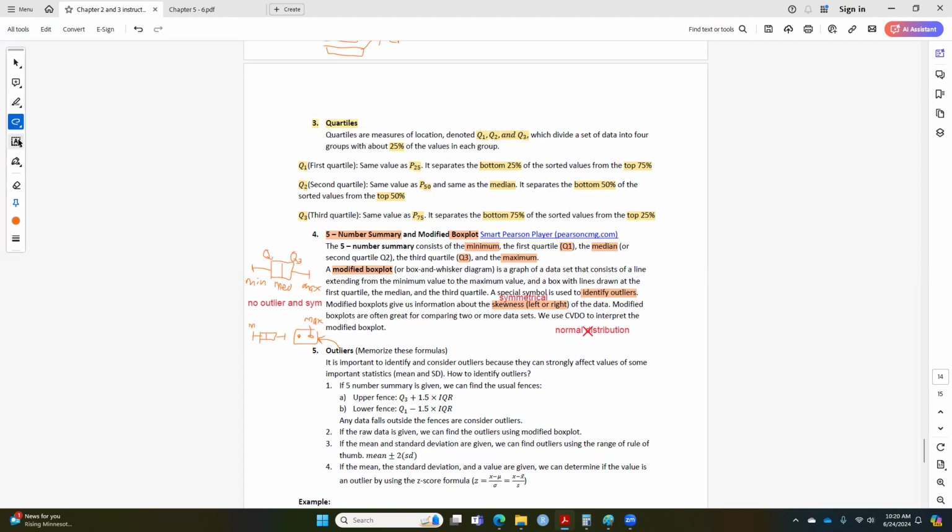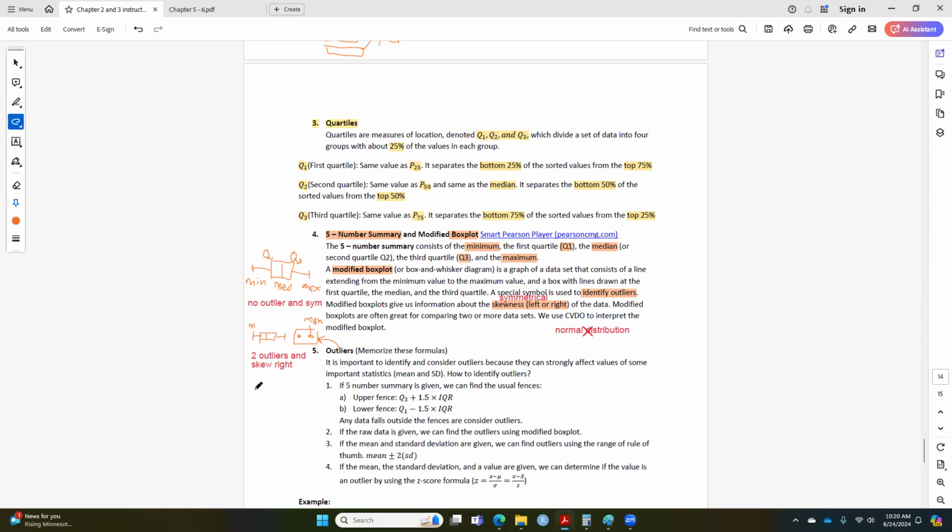So how do we interpret this kind of box plot? It has two outliers on the right-hand side, and it is skewed to the right, because these two outlier dots push it to the right.